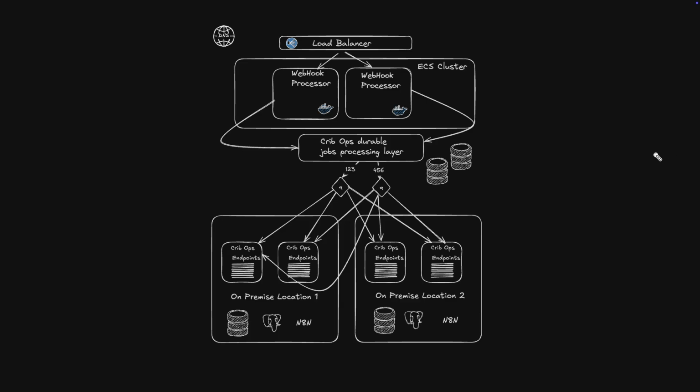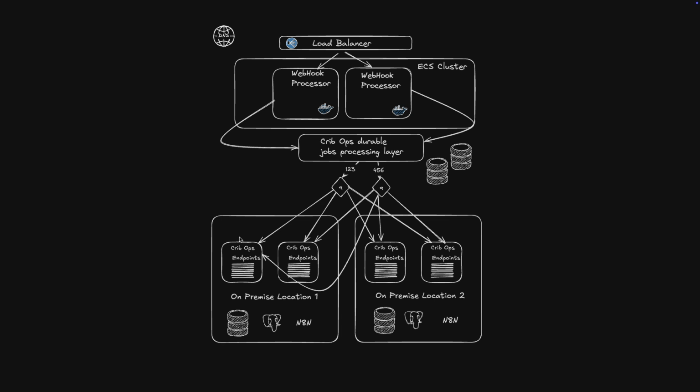So when GHL sends those messages to the webhook, CribOps in the cloud has a load balancer and then an array of webhook processors that are very scalable and automatically scale as traffic increases. And then we take those messages coming into the webhook processor and durably store them into a queuing mechanism.